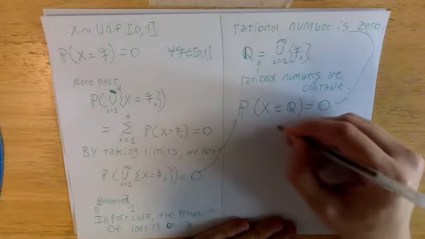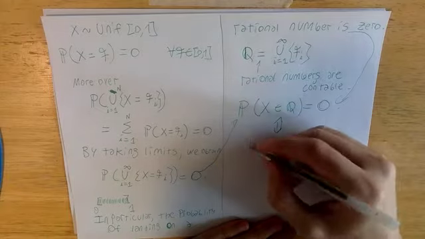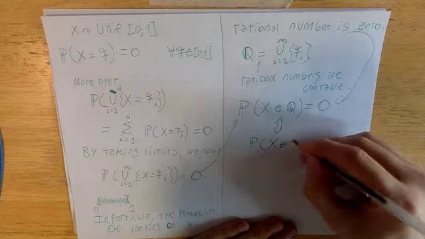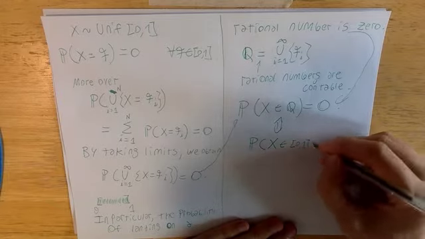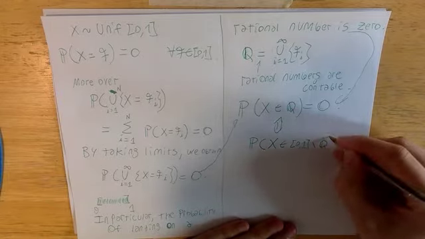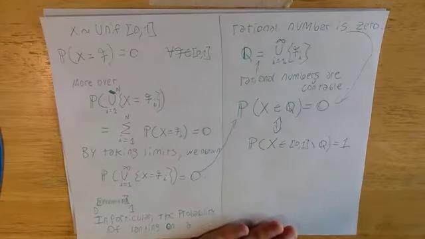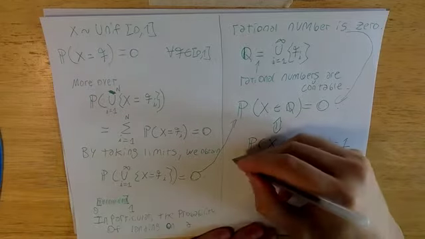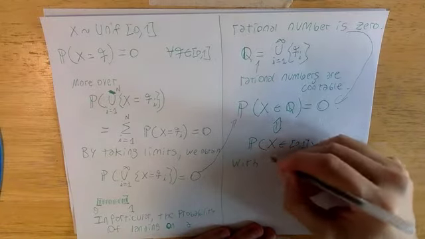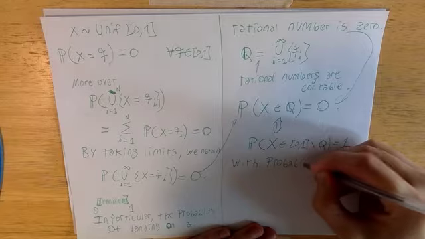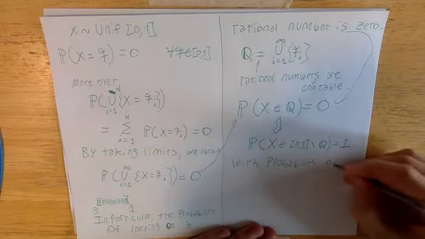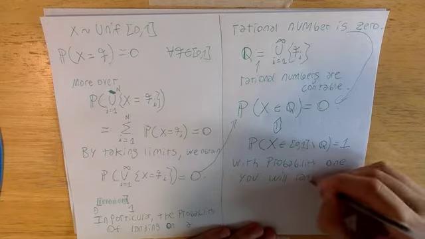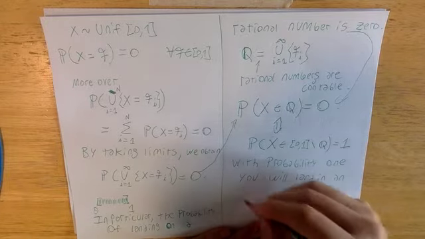In particular, this implies, of course it's an if and only if, that the probability that x is in [0,1] minus Q is equal to 1. So with probability 1, you will land on an irrational number.